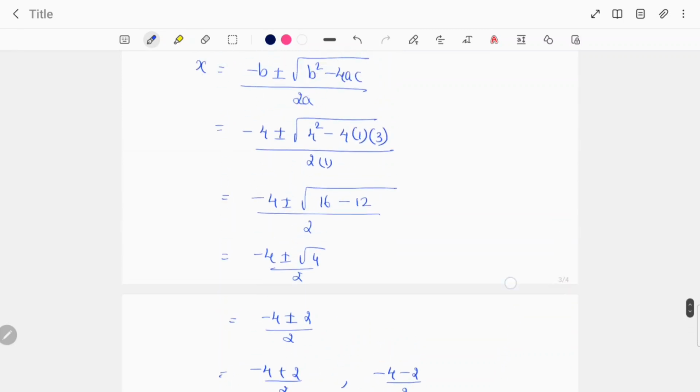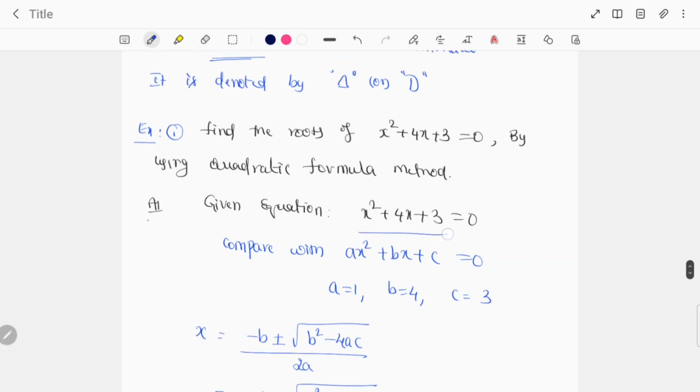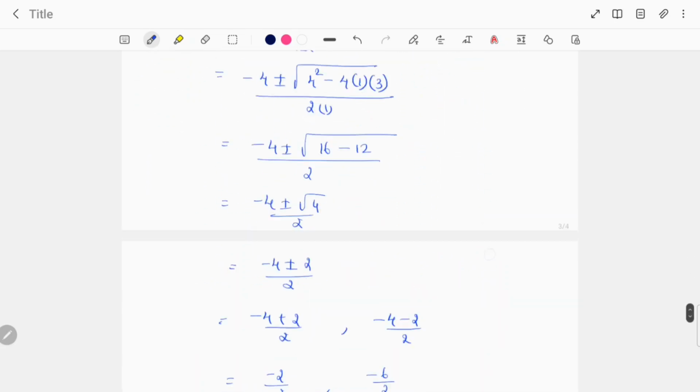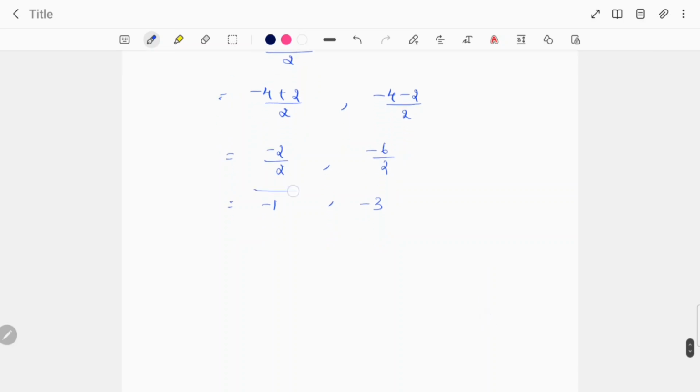So if you observe, we got the same answer by factorization and by the completing square method: minus 3 and minus 1. So here also we got minus 3 and minus 1. Minus 1 comma minus 3 are the roots of x² + 4x + 3 = 0.